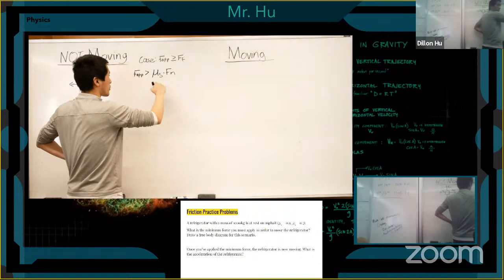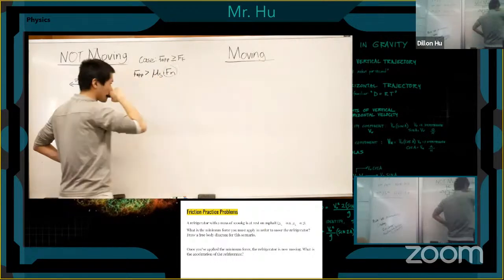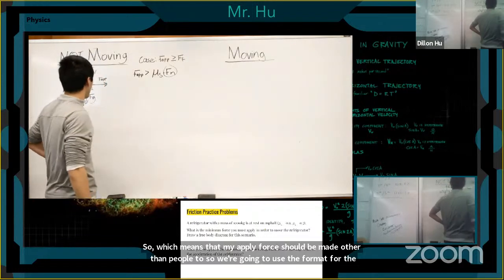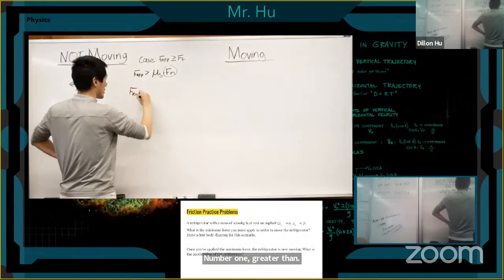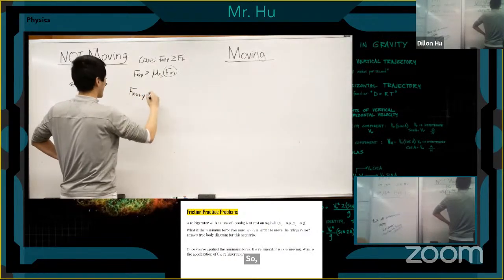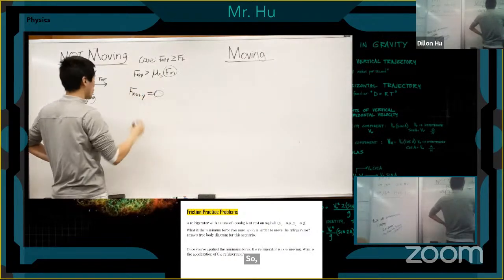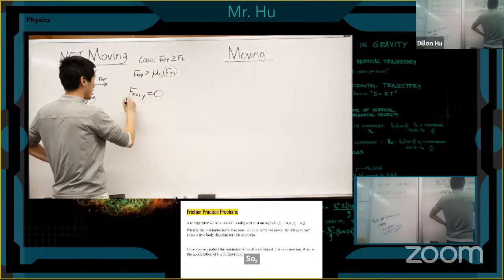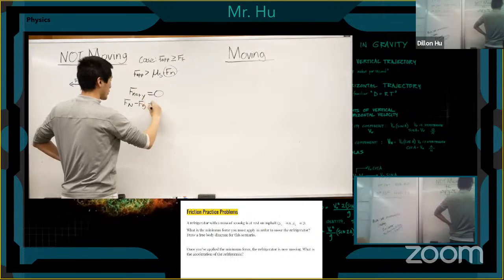This is just a number, 0.9. So we need to figure out the normal force. How do we figure out the normal force? In this case, the net force in the y direction is 0, which means the normal force minus the force of gravity should be 0.